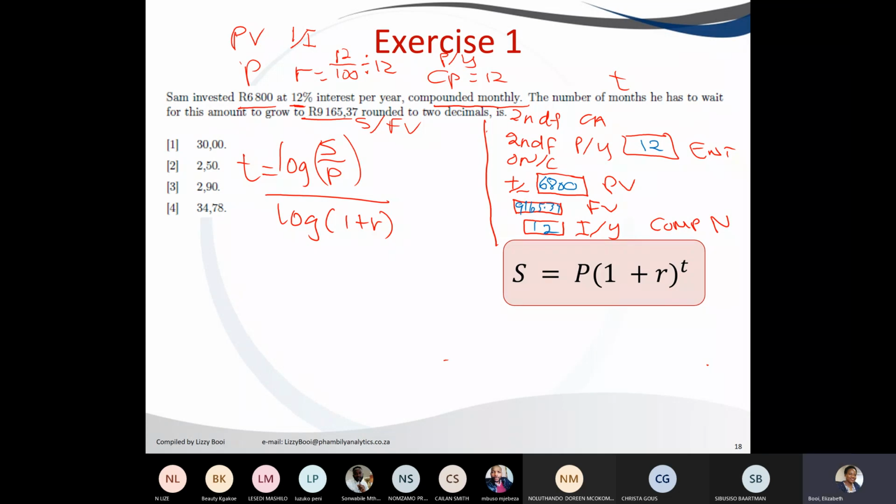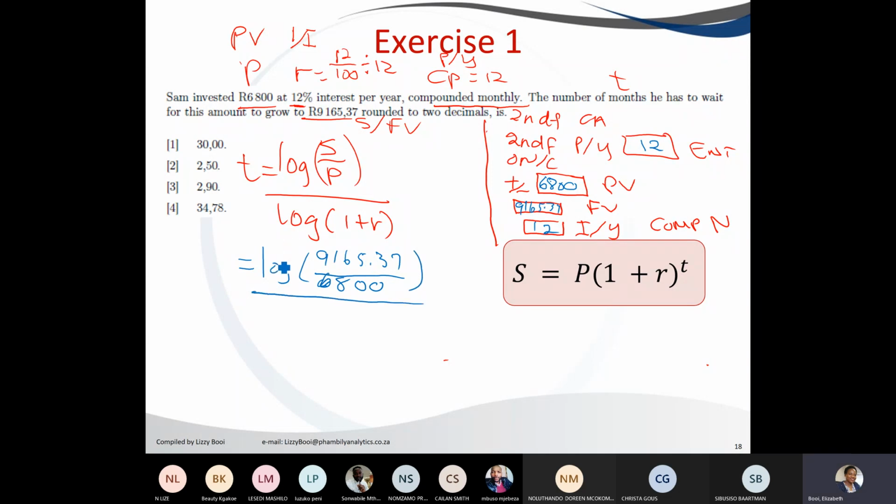You will compute N. Those who are calculating manually, the log of S is equal to P. So S divided by P, sorry. So our S is 9,165.37 divided by 6,800.